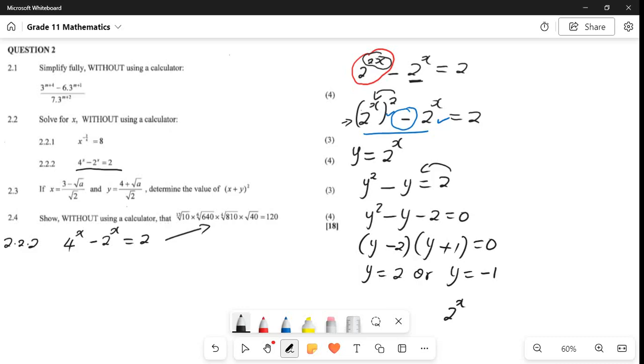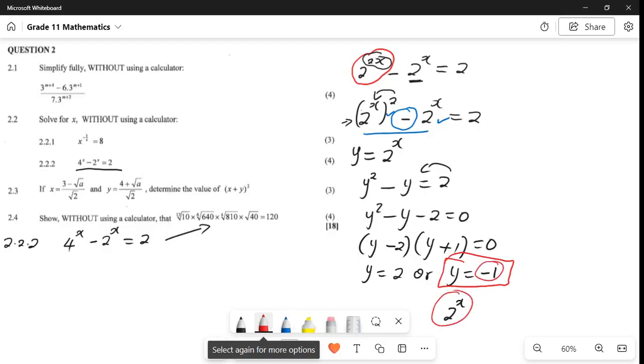That basically means we are writing off the value of y as -1, because 2 to the power x will never be negative. So we are writing off that one, and we are going with positive 2.